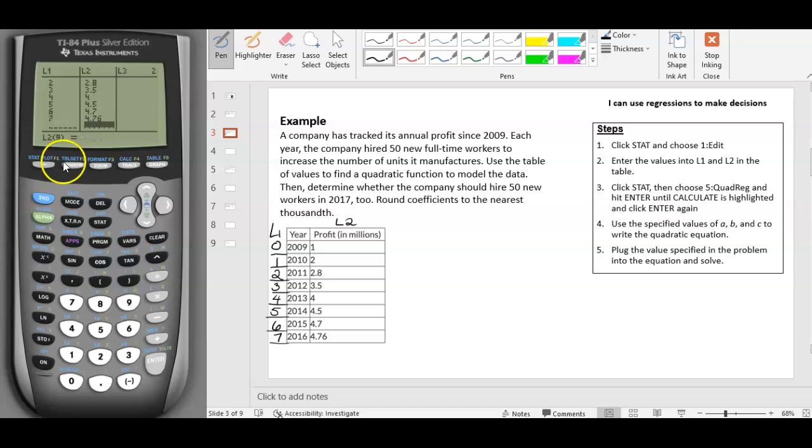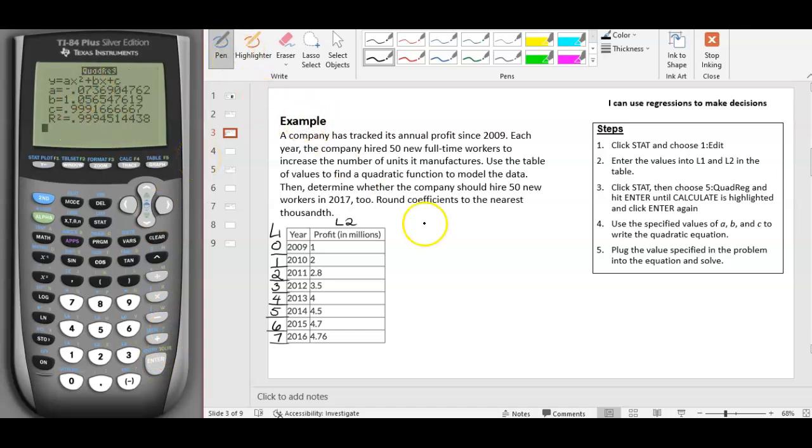Okay, so now that I have all these values, remember I go to Stat, arrow to Calculate, and choose option 5 for my quadratic regression. So I keep hitting Enter, and then hit Enter again, and now it gives me my A, B, and C values. So I'm going to round to the nearest thousandth as it tells me to do in the problem.